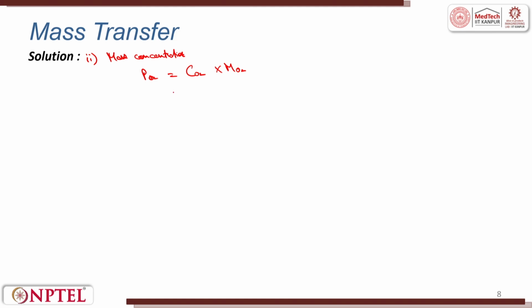Putting the values, this is equal to 9.65 into 10 raised to power minus 3 for oxygen. Putting the value of molar mass 32, this is equal to 0.309 kilograms per meter cube. Why is this 32?